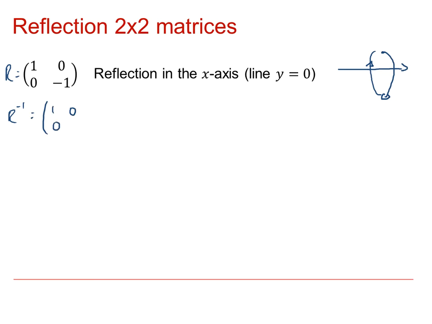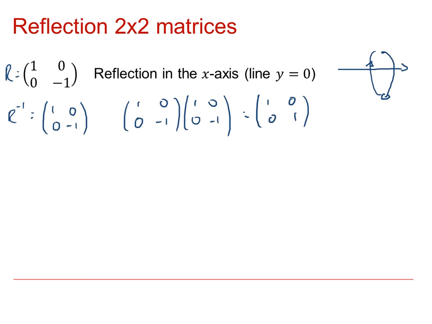We'd expect these to be inverses of each other. We can check that by multiplying by itself, and indeed we get the identity matrix, (1, 0; 0, 1). So yes, this is self-inverse. Reflection is its own inverse.